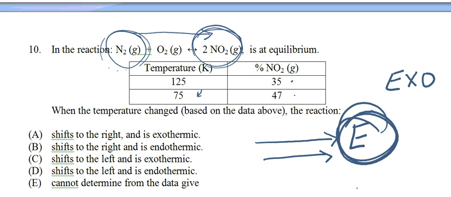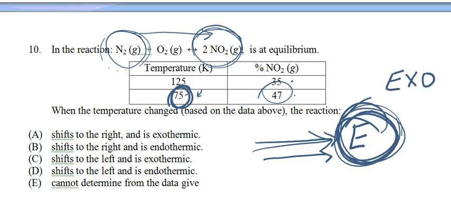So this system doesn't like the temperature being dropped, so it shifts toward the right to form more product and increase the energy of the system. Not going to succeed, but it's trying. So since our shift is to the right and the reaction is exothermic, C is our best choice. Oh, I'm sorry, A is our best choice. Right and exo.